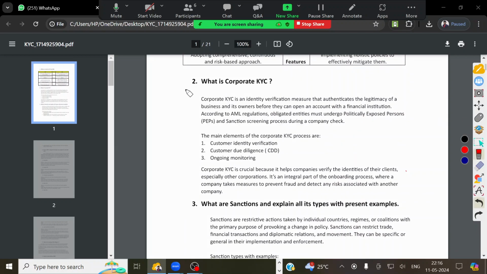So now let's talk about corporate KYC. Corporate KYC is an identity verification measure that authenticates the legitimacy of a business and its owners before they can open an account with a financial institution. I have recently opened my current bank account, but before that I had to register my company.